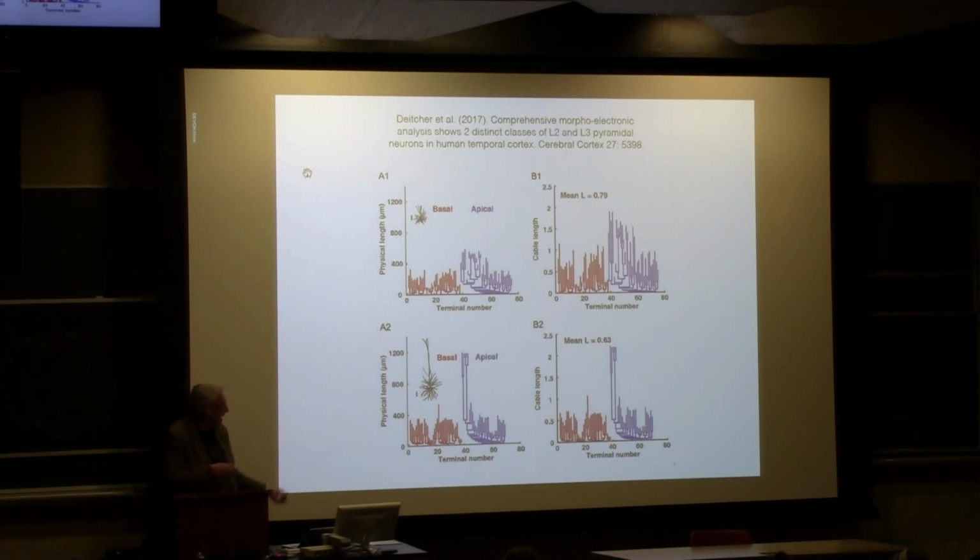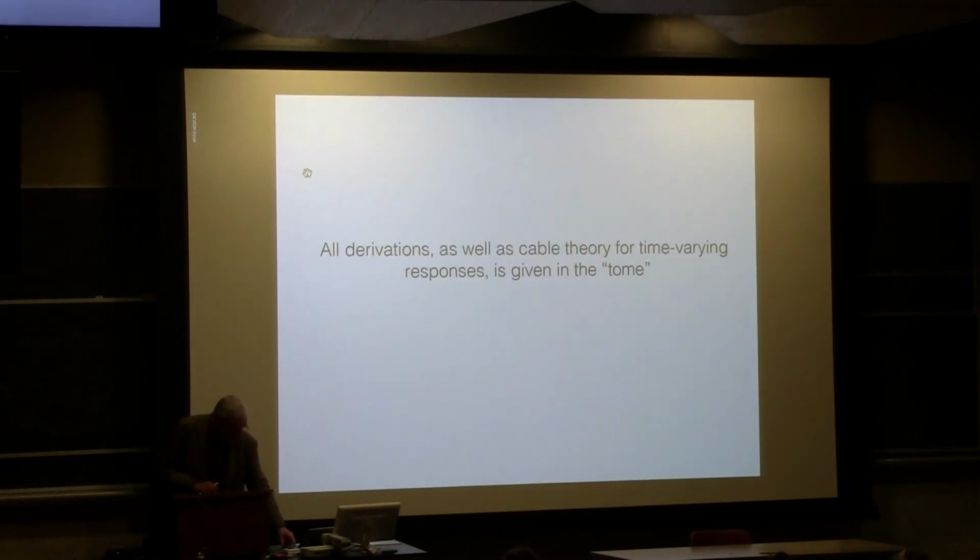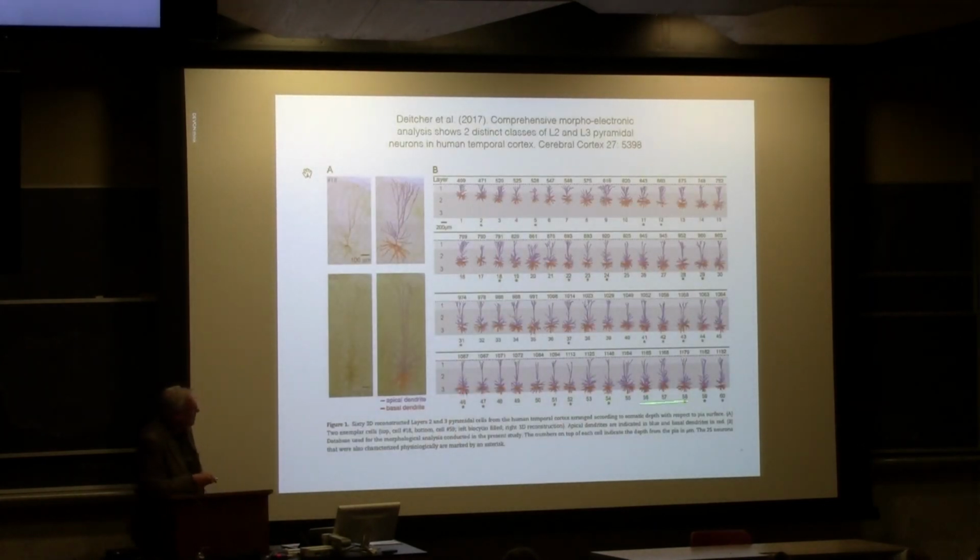And so the fact that these dendrites, even though they can be big, are on average maybe 0.8 space constant means the attenuation from the very tip to the soma is not going to be 70%. It's going to be 50 or 60% or something like that. So even in these big neurons, these long ones, distant inputs are fairly close in electrical terms, in units of space constants, to the soma.